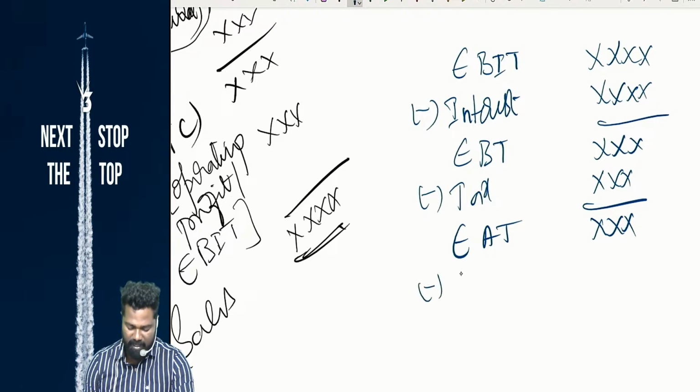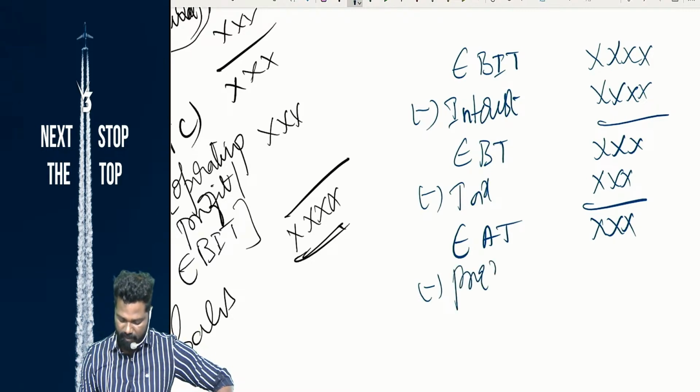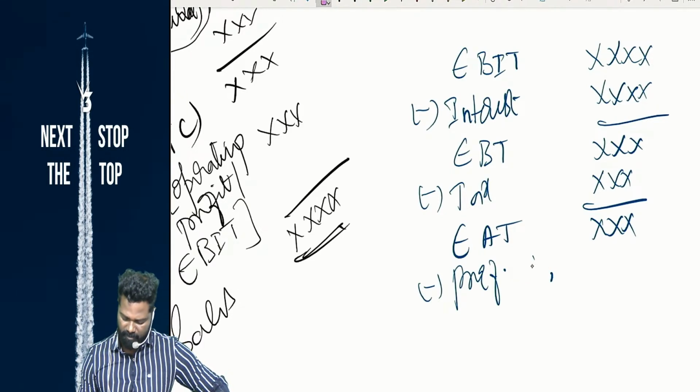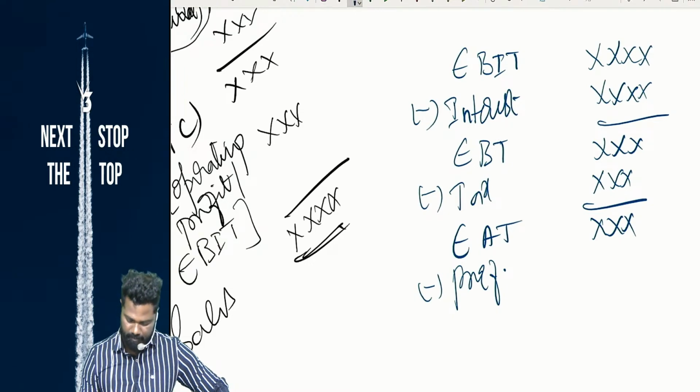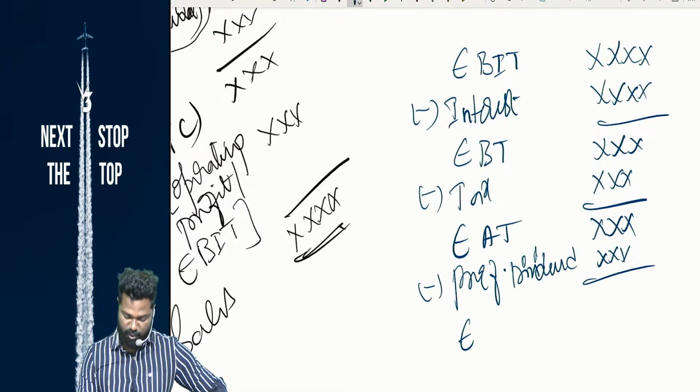So up to this point, less preference dividend will come, that you will understand. Preference dividend, what is that? You know, preferential capital. This is nothing but EPS, we call it earnings available or residual earnings.